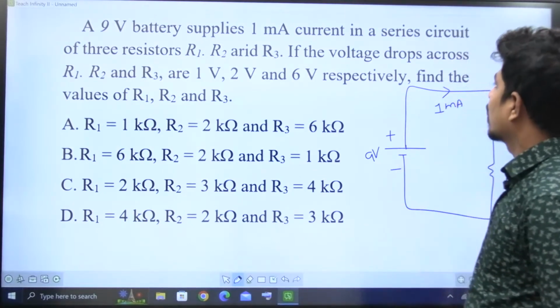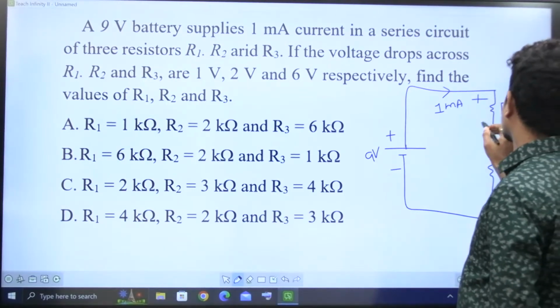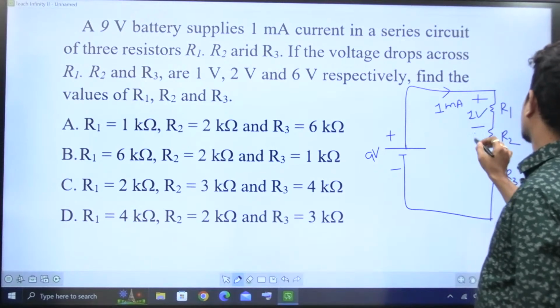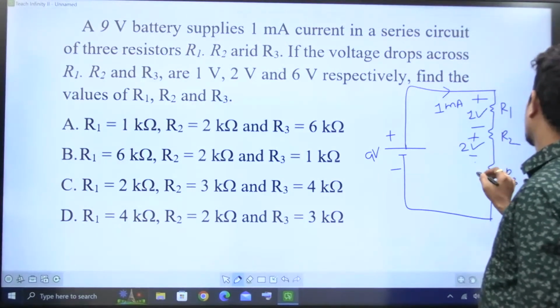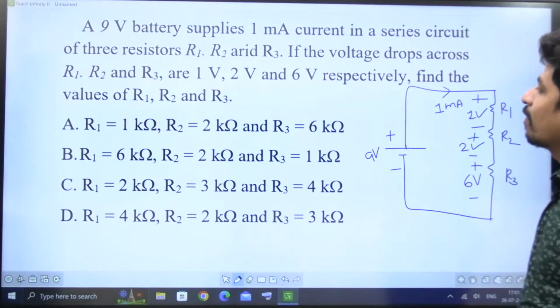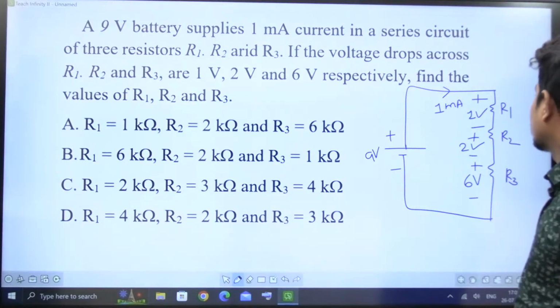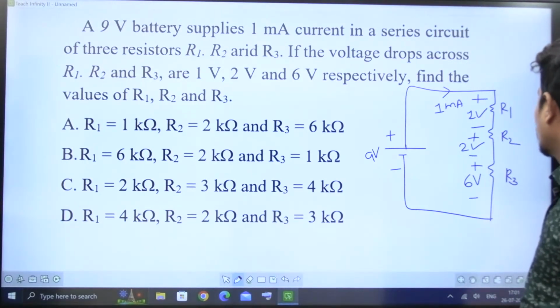If the voltage drops across R1, R2, R3 are 1 volt, 2 volt, and 6 volt, find the value of resistances R1, R2, and R3. This is not a big question.